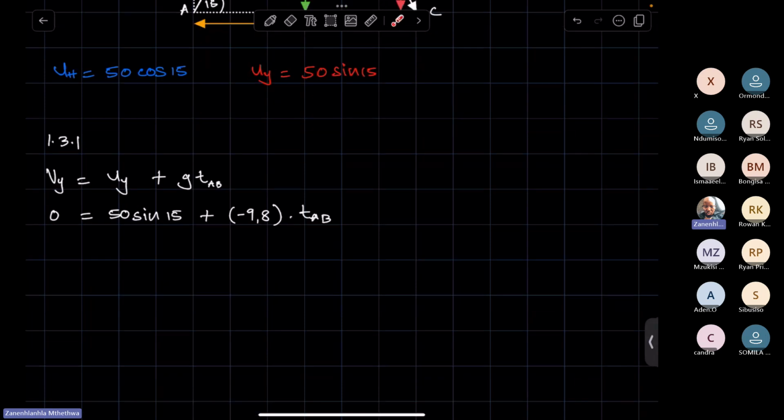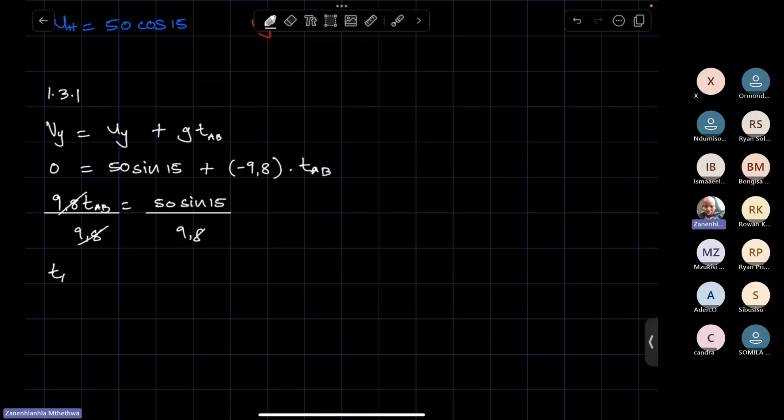Now we can take this term and transpose it to that side. When you transpose that term, it becomes positive, so 9.8 TAB is equal to 50 sine 15. Then, solving for the time, you divide both sides by 9.8. That cancels. And what do we get as the time?